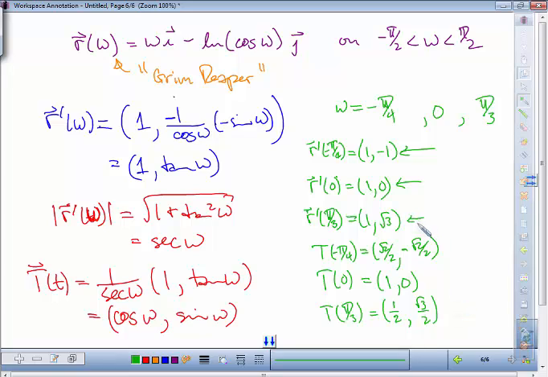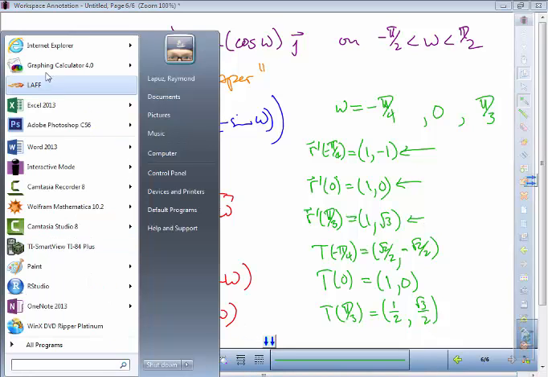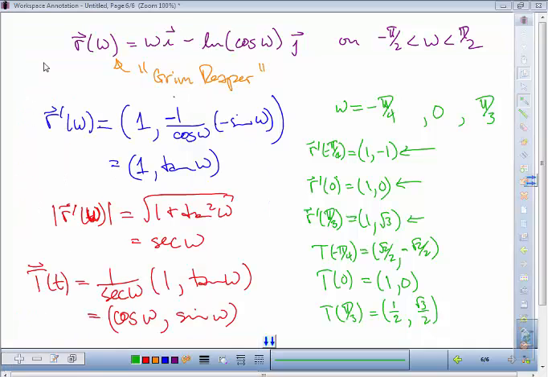Which should be the same as this, except it has unit length. So that makes sense. So let's take a quick graph of this, just so we can get a visual of what's going on.